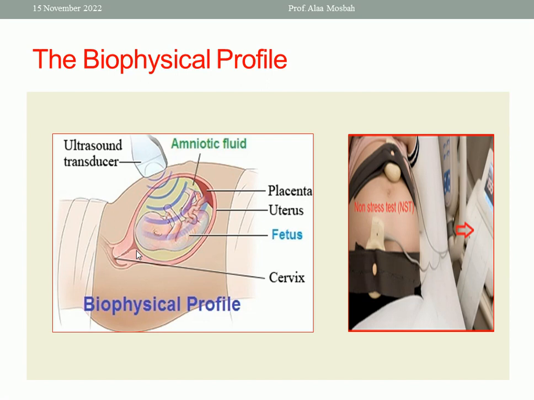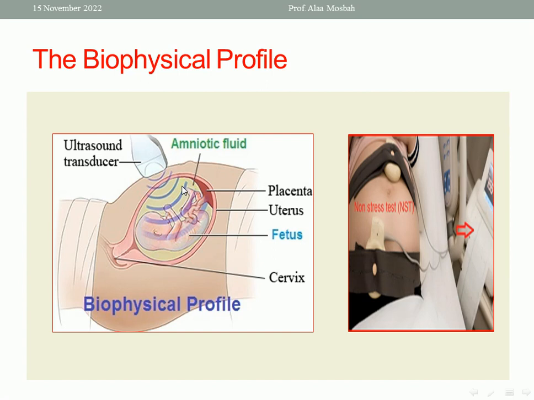Okay, so 5 items are included in the biophysical profile. One of them is the non-stress test, and the other 4 are related to ultrasound examination over 30 minutes.